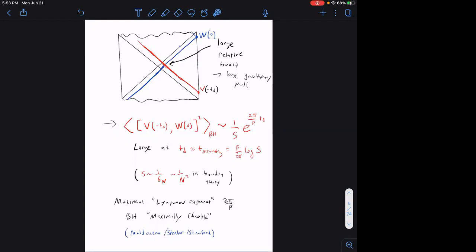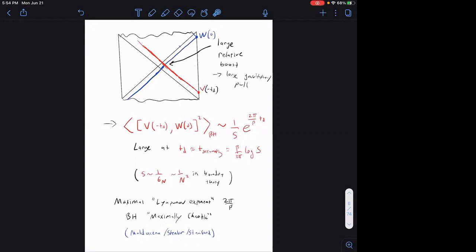And if we go far enough back into the past, they meet very close to the horizon, where this red particle will have accelerated a lot, and they'll have a large relative boost. So in that case, the gravitational pull between V and W becomes very large. And so having thrown in V will have a large effect on W. And in particular, if you go back further than the scrambling time, dropping V into the black hole has the effect of shifting the horizon of the black hole.